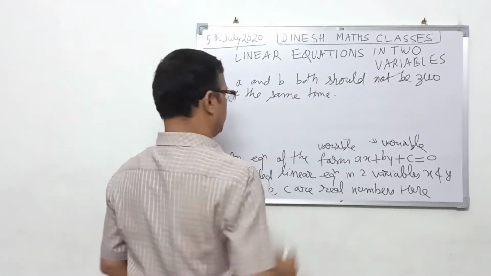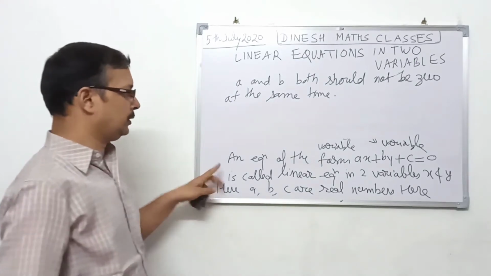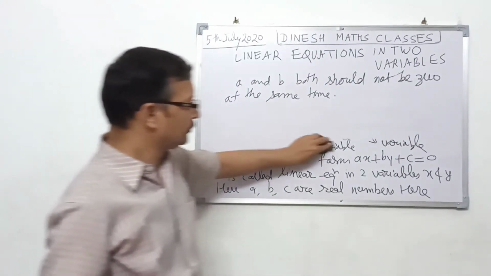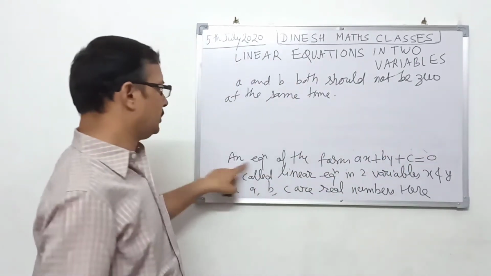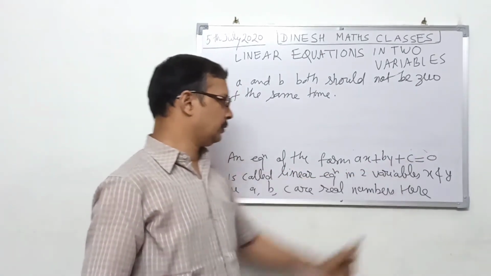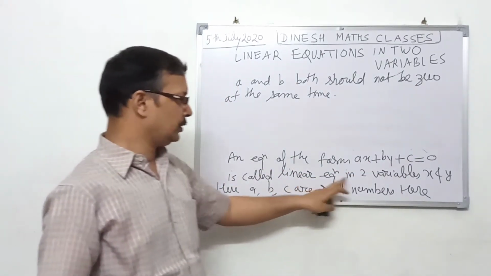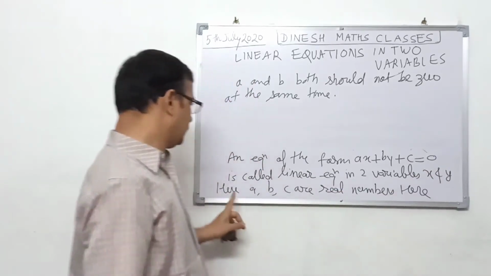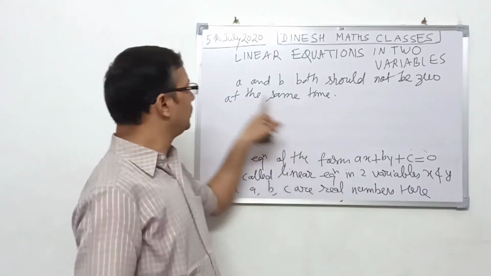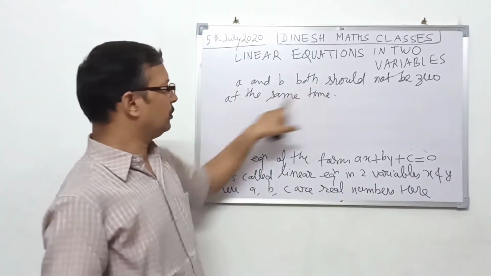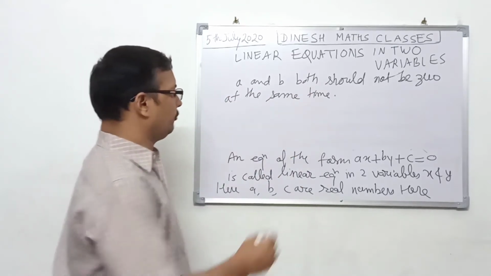So this is the definition of linear equation in two variables. One of them can be 0, but not both at the same time.